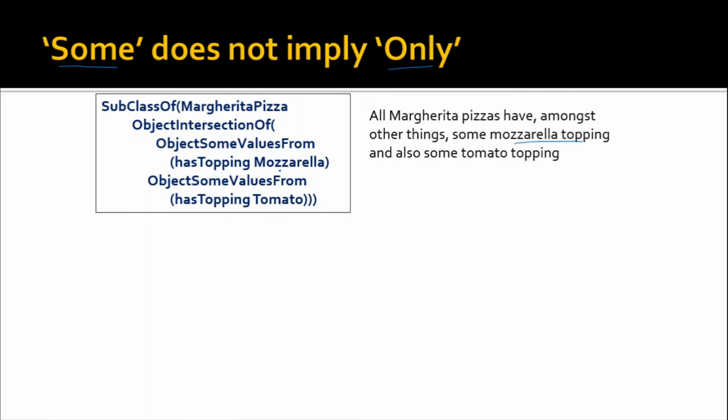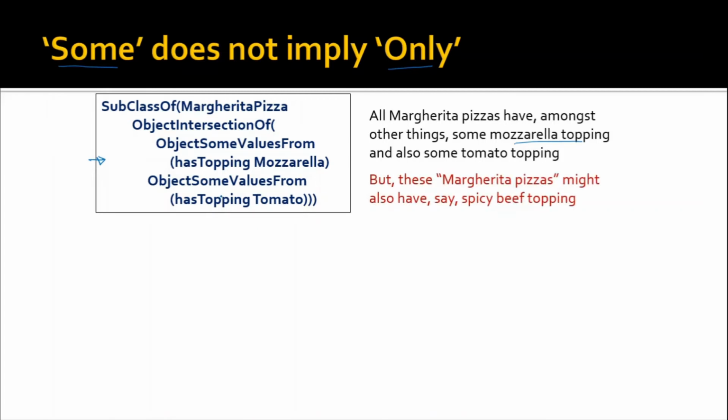If we want to enforce that, whatever topping it has can either be a mozzarella or a tomato. With this expression we are saying that there might be at least one mozzarella and tomato, but it is not saying that all the toppings there should be mozzarella and tomato, nothing else.